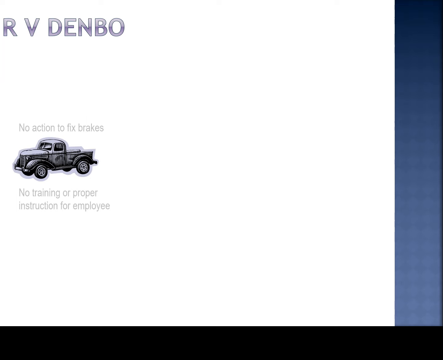By way of an example there, we look at a case in relation to the Queen versus Denbo. So what happened was a construction company purchased a truck, and at the time of purchasing the truck, they were informed that there were faulty brakes on the truck, and the company took no action to fix the brakes and gave the driver of the truck no training or proper instruction.